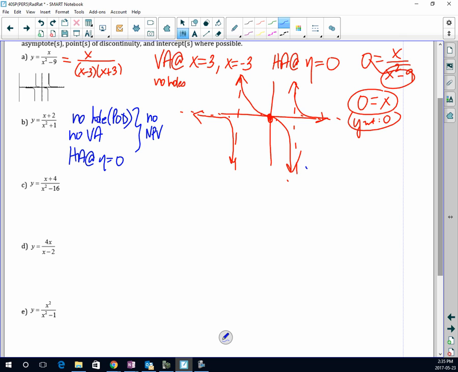Okay, do we have any x-intercepts? X-intercepts, that's where y is 0. Solve, what do I get? Negative 2. Y-intercept? You put x to 0. Yeah, it's 2.